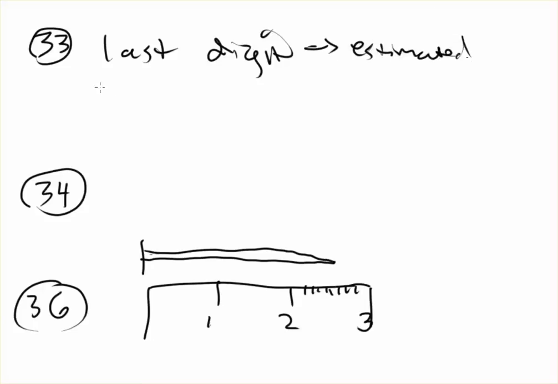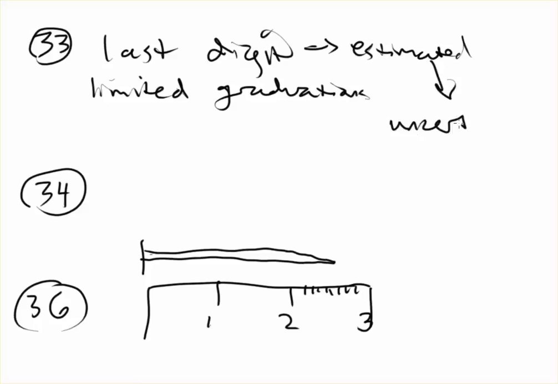And the reason why is that we have a limited number of graduations on any measuring tool. And so that estimation causes some uncertainty in the last digit that we measure.